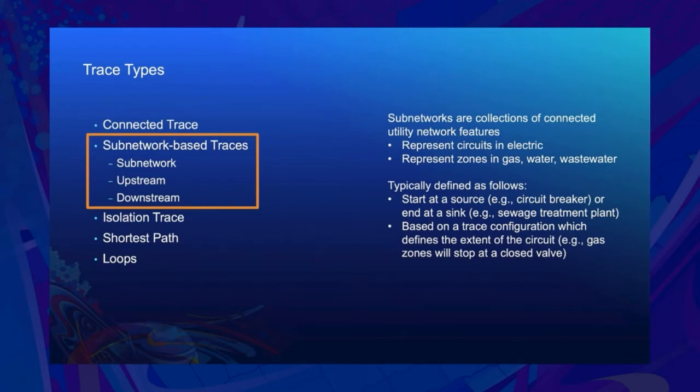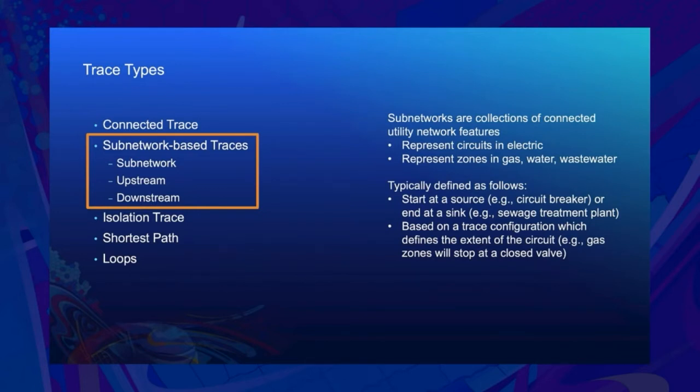Subnetwork traces, on the other hand, are much more interesting. These are collections of connected features. So they tend to represent circuits in electric, and they represent zones such as a pressure zone or a cathodic protection zone in some of your pipe-based networks. These are typically defined by, you specify that they start at a source or end at a sink.